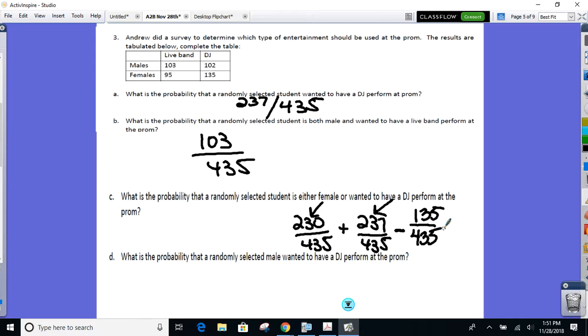Okay, I'm randomly selecting a student here, so I'm going to add those. If I was picking 2, 3 students, then I'd multiply all those probabilities, yes. But if I'm only picking once, Grace, I'm just going to add them. What are we getting there for C? 332 over 435.